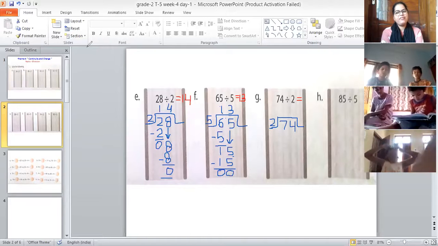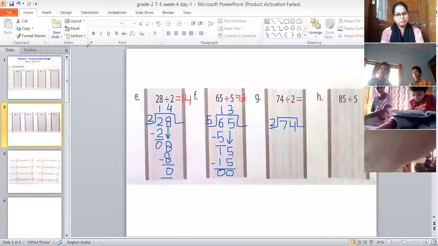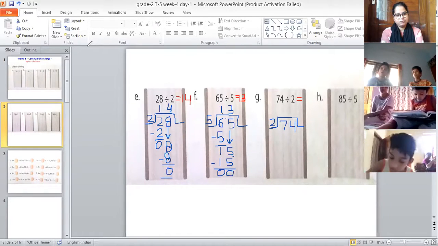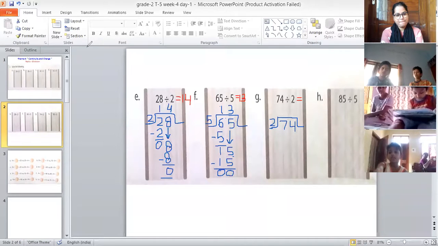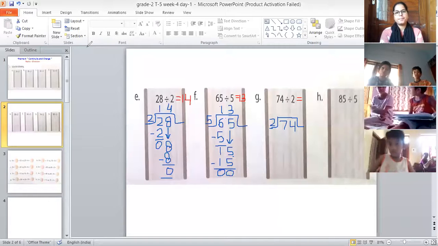Tell me 2 table quickly. 2 1 is 2. 2 2 is 4. 2 3 is 6. 2 4 is 8. 2 5 is 10. 2 6 is 12. 2 7 is 14.